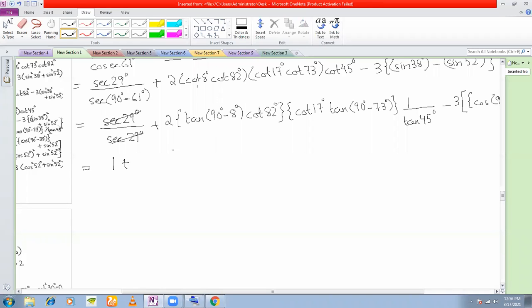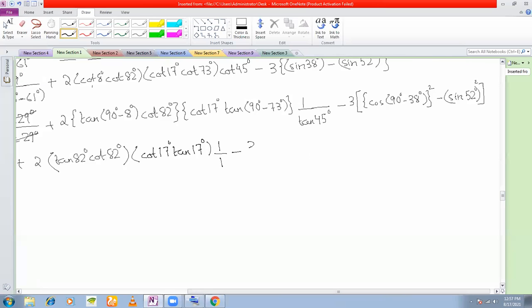Now see, why have I changed one of them to tan? I have changed one of them to tan because I can get here tan 82 cot 82, right? I'll get tan 82 and cot 82. And see here what I'll get. Cot 17 I'm getting here. And here also I'm getting tan 17. And tan 45, you know the value is 1 minus.